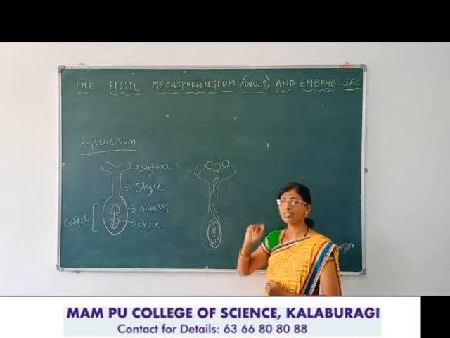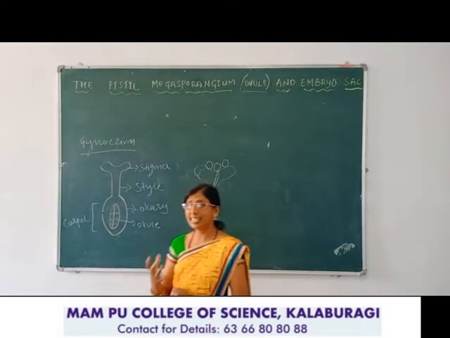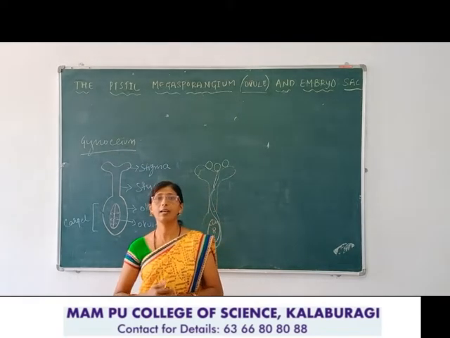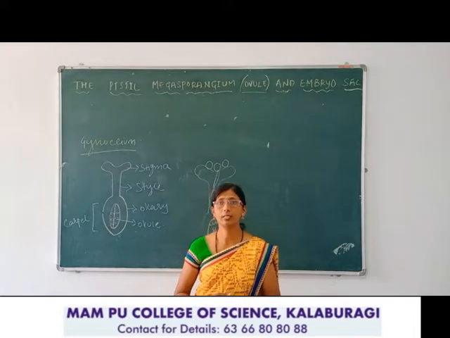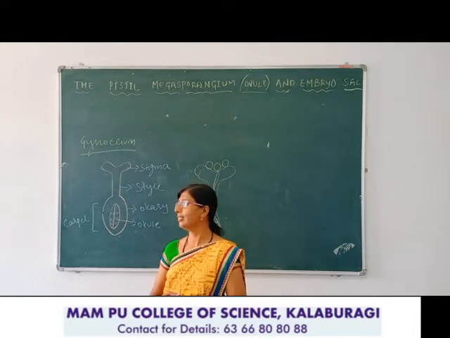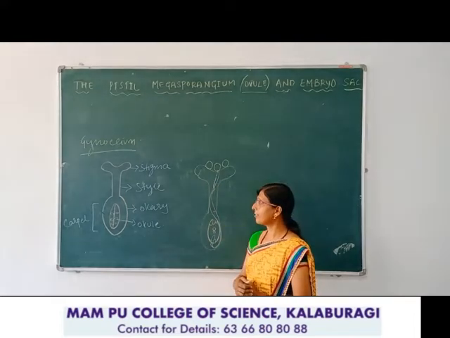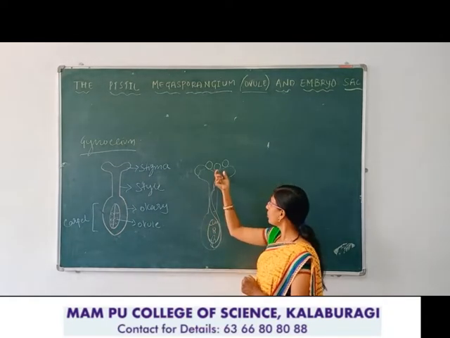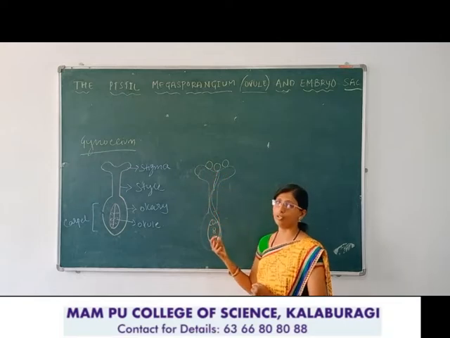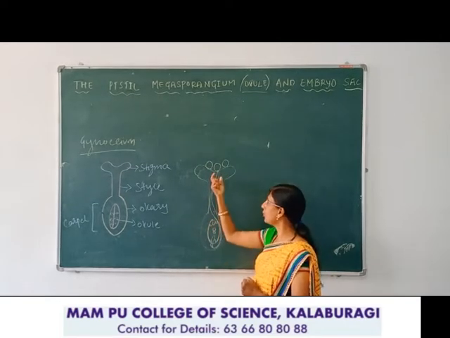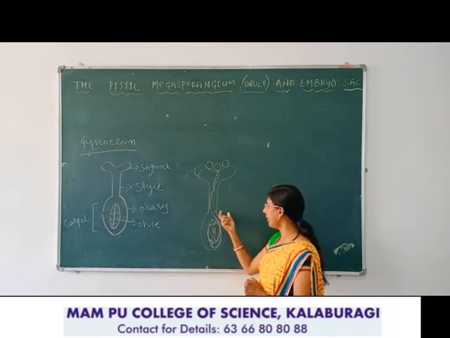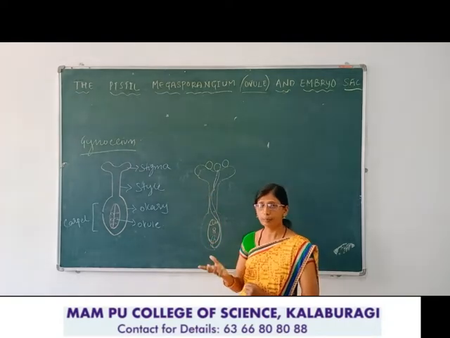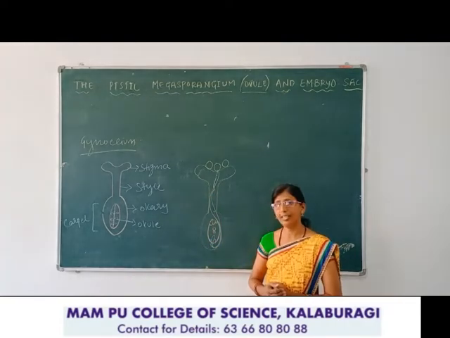The stigma contains amino acids, sugar and boron, which help the germination of the pollen tube. The pollen tube passes through the style, reaches the ovule, and enters the embryo sac where fertilization takes place.